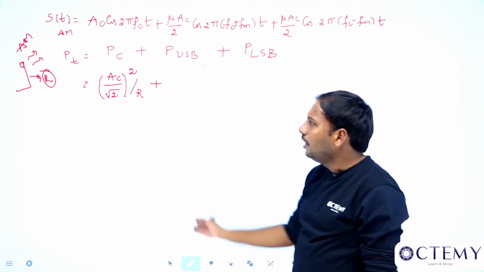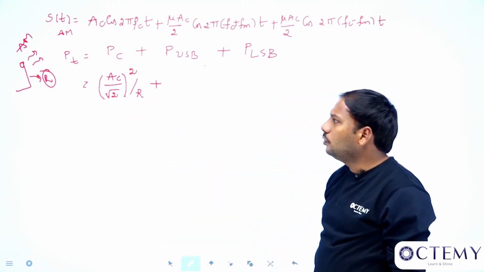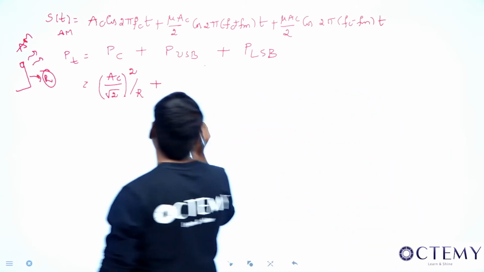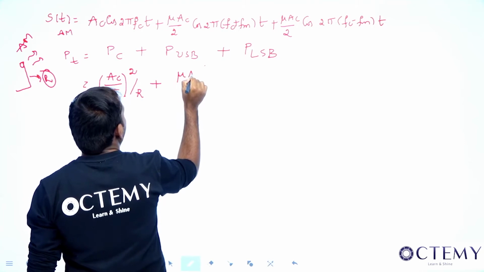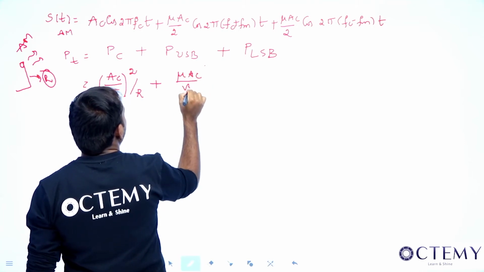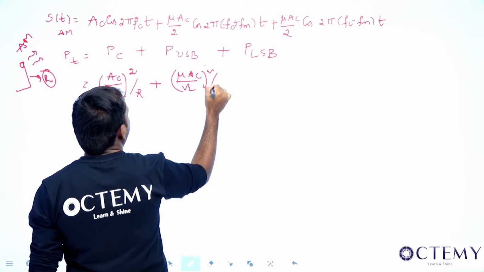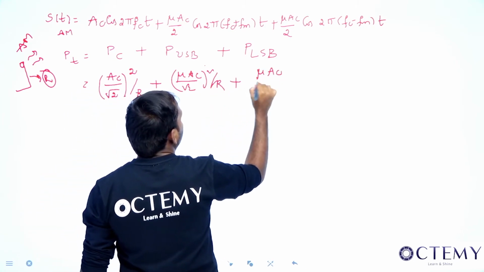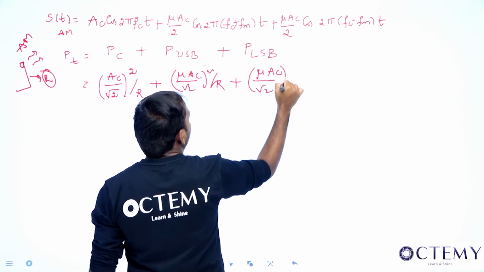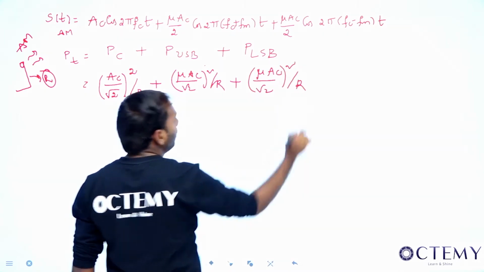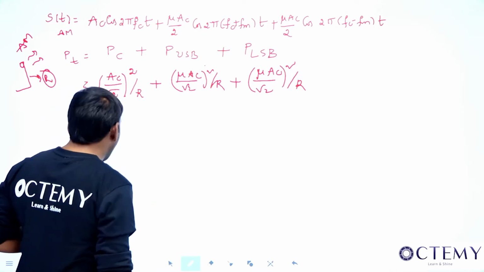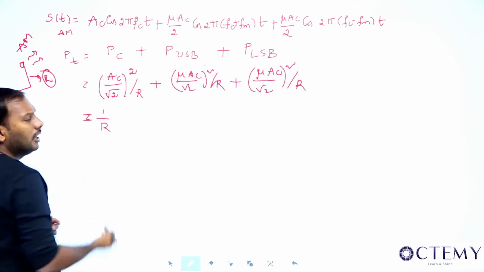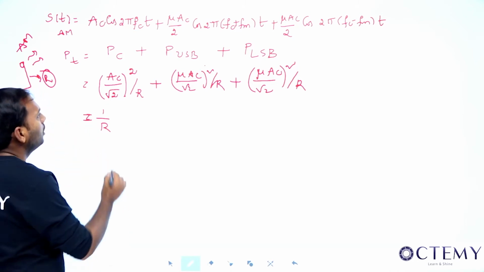So that is why I am writing Ac by root 2 whole square by R. Similarly here also, mu Ac by root 2 whole square by R plus mu Ac by root 2 whole square divided by R. Now I am taking 1 by R common, or you can keep R equal to 1 ohm for generalization, no issues.